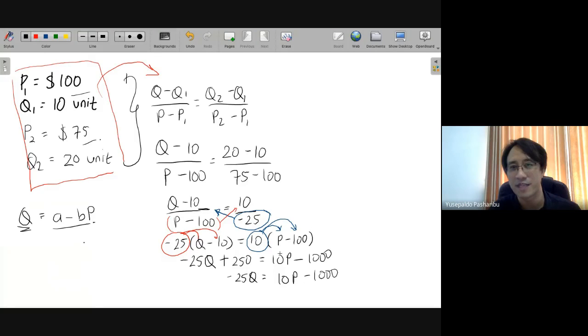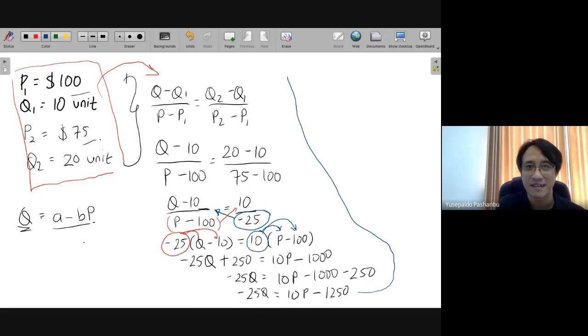Minus 250, plus becomes minus. So we get minus 25Q equals 10P minus 1000 minus 250, 1250. There you go.